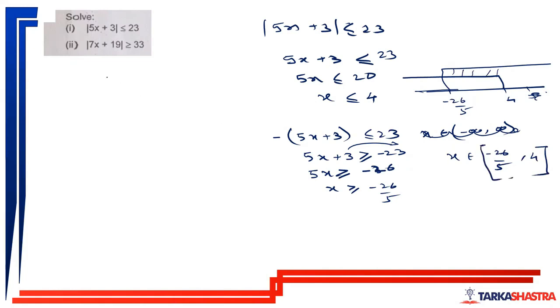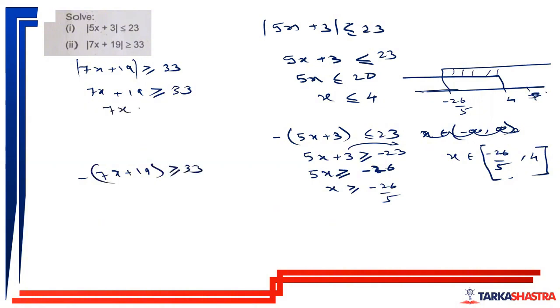Next is 7x plus 19 greater than or equal to 33. This is a mod value. It can open something like this: 7x plus 19 greater than or equal to 33, or minus of 7x plus 19 greater than or equal to 33.